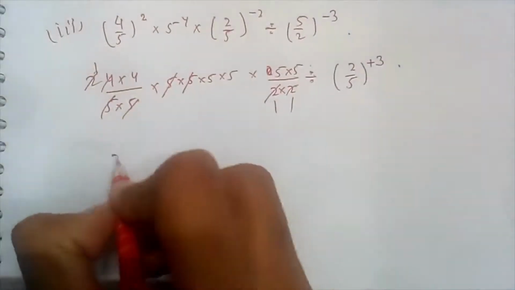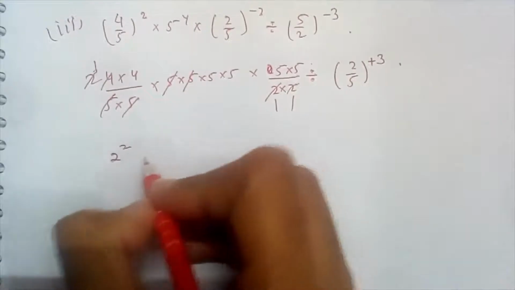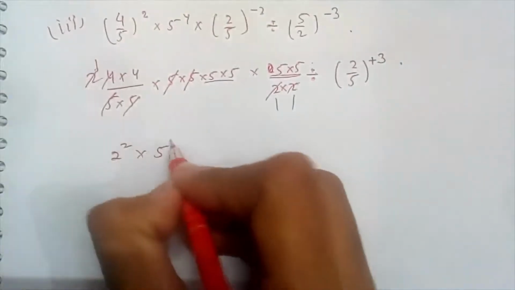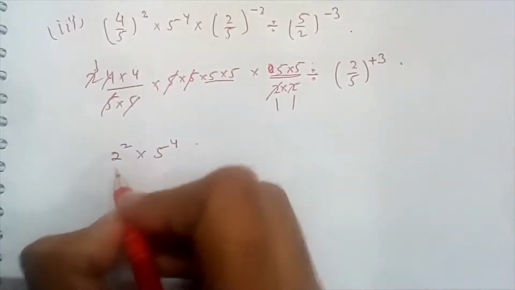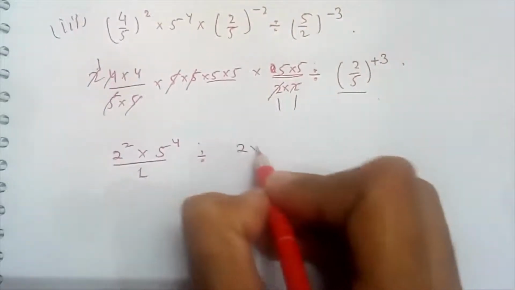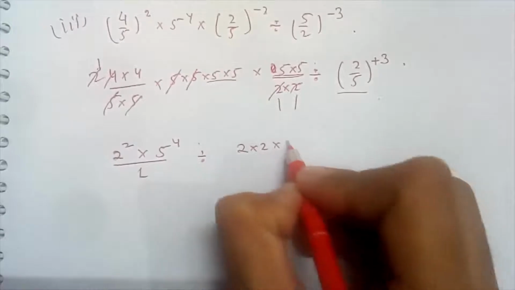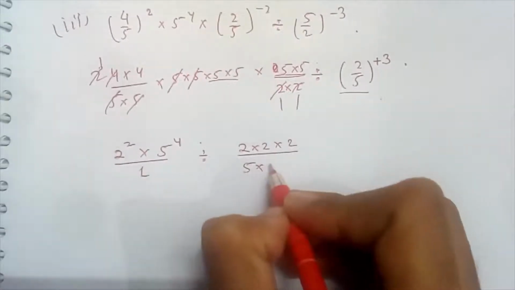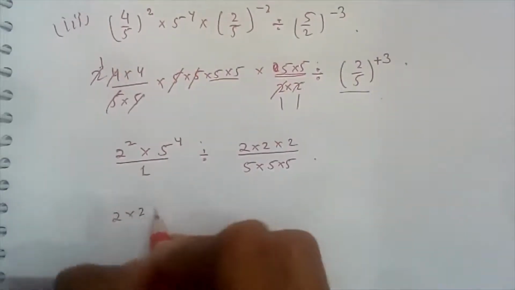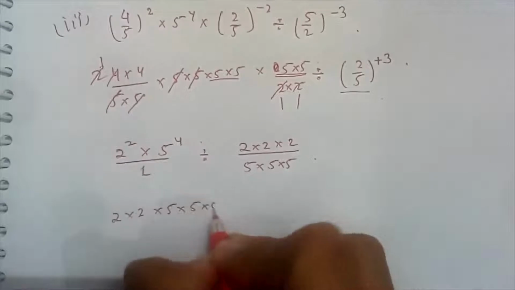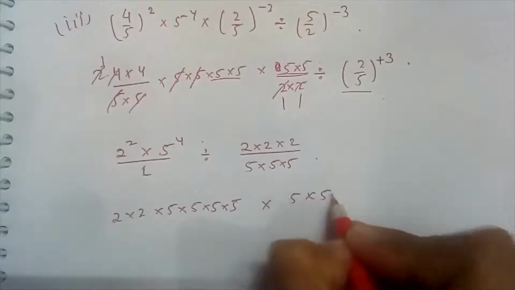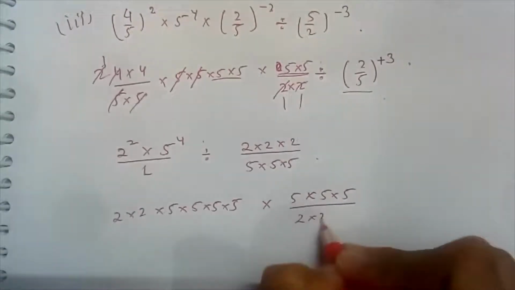Here we will write 4 as 2 to the power 2 into 5 to the power 4 upon 1, divide by this term, 2 into 2 into 2 upon 5 into 5 into 5, 2 into 2 into 5 into 5 into 5 into 5, multiply by 5 into 5 into 5 upon 2 into 2 into 2.